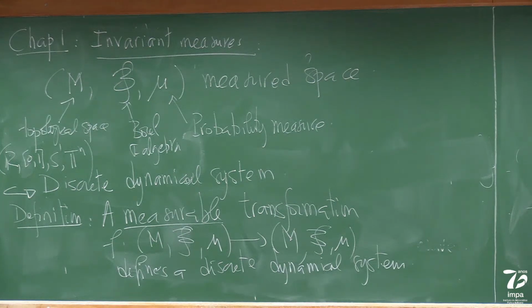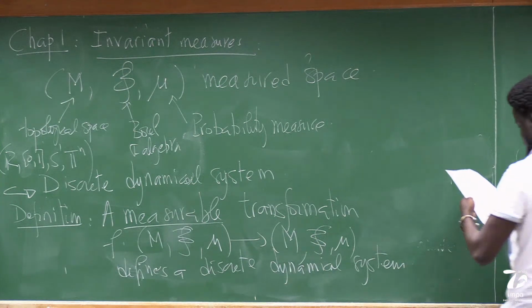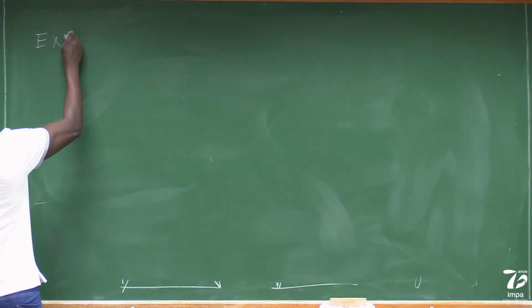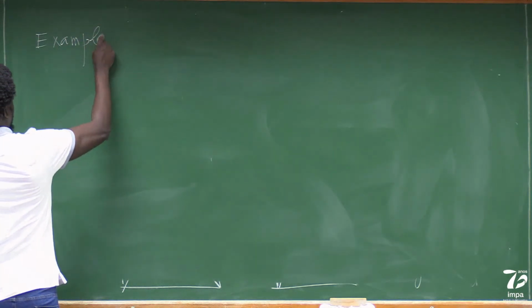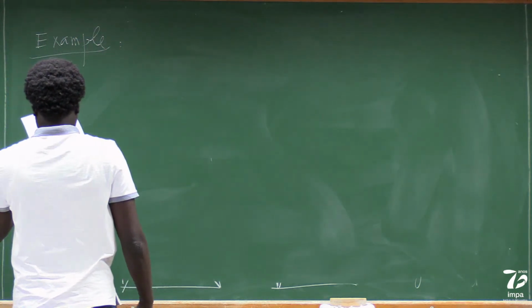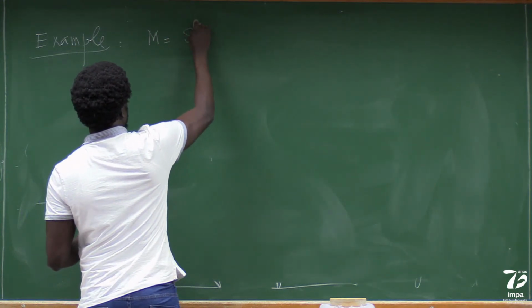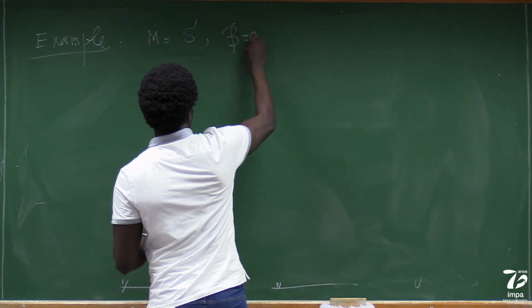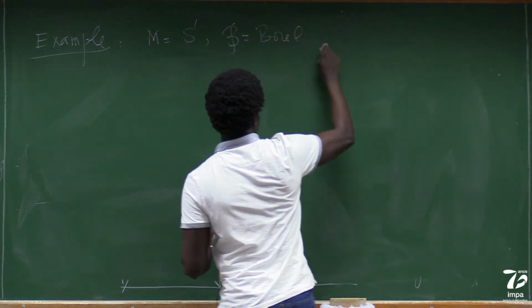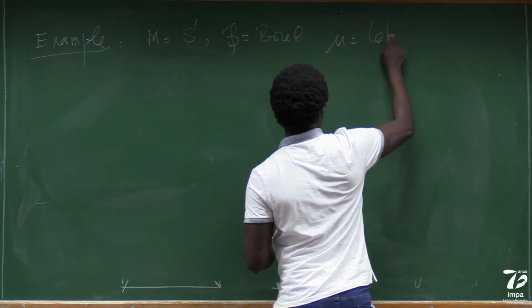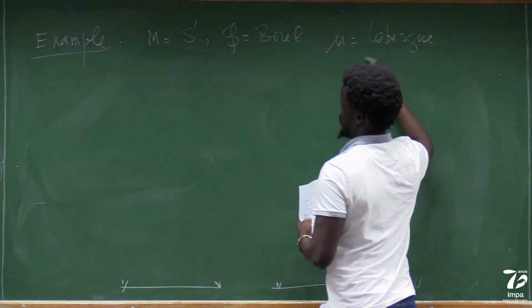Okay, and then an example. We have many examples. I have given some examples before, but since this is the formal lecture, not an overview, I will just try to be precise. An example is that M equals S^1, B is Borel, and mu is Lebesgue on S^1, okay?